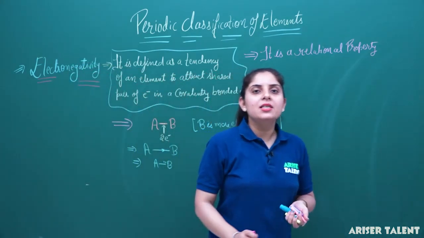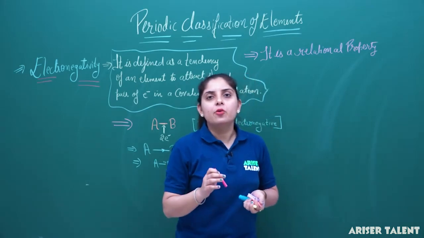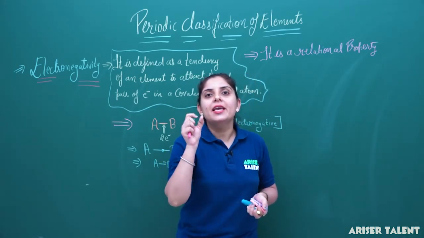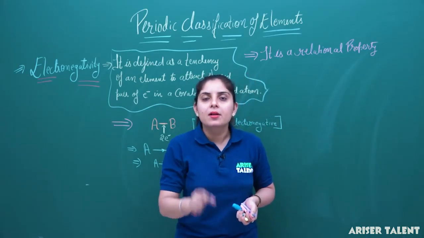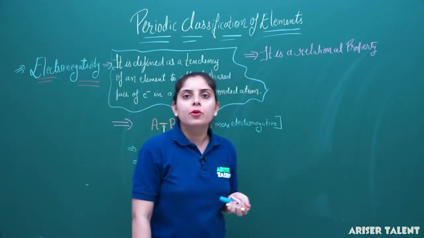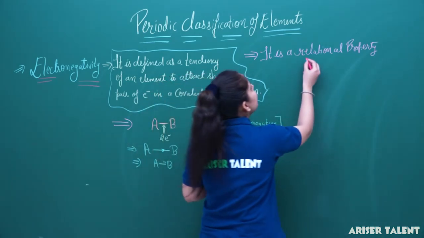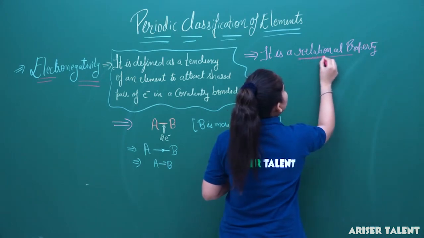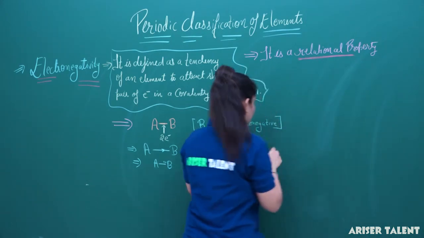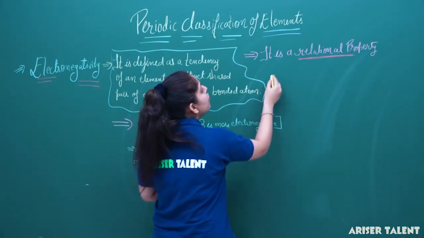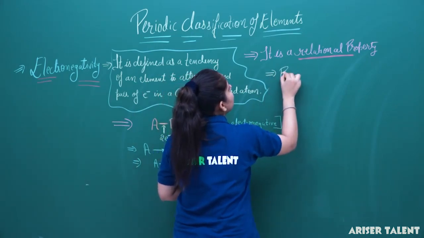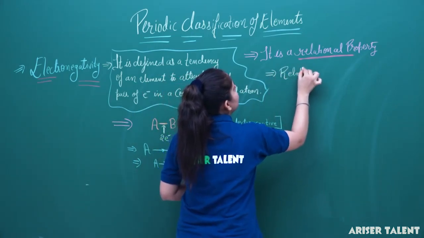Relational property means when we calculate the electronegativity of a compound, it comes out to be a relative number, not a fixed number. So we can say that it is a relational property, because on calculating electronegativity we get a relative number.